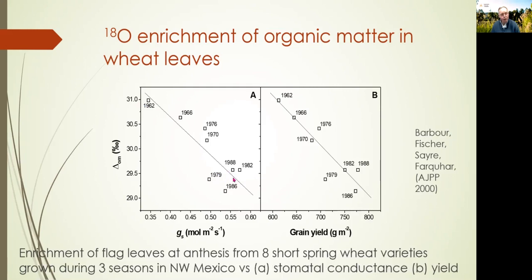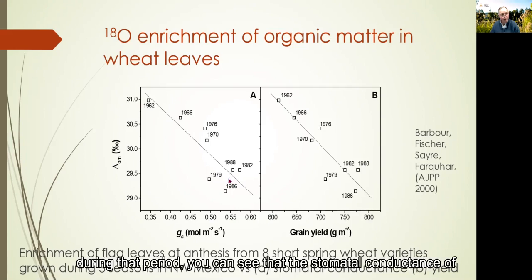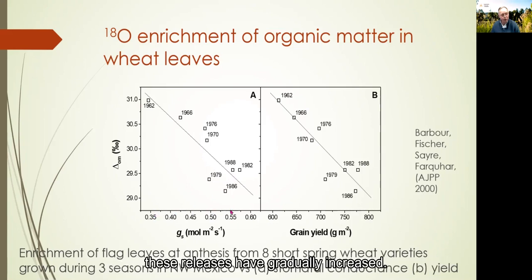And during that period, you can see that the stomatal conductance of these releases has gradually increased. The other thing that's noticeable is that the organic matter 18O has decreased.